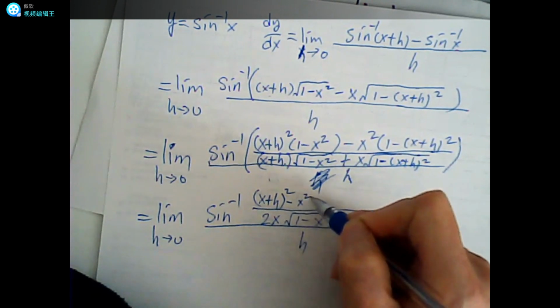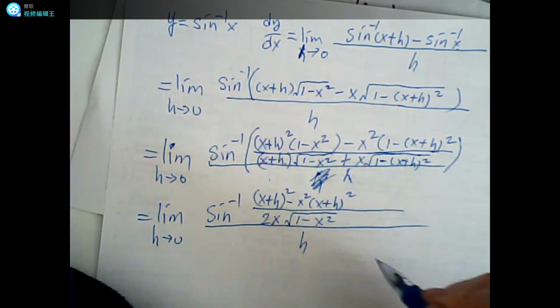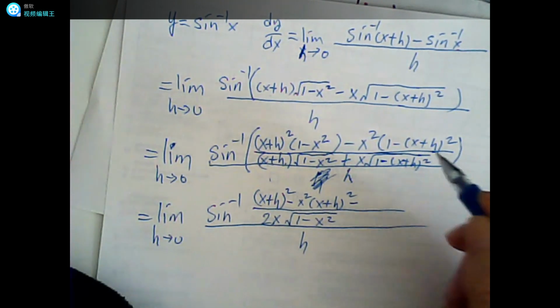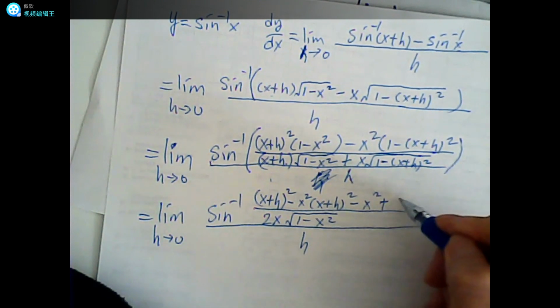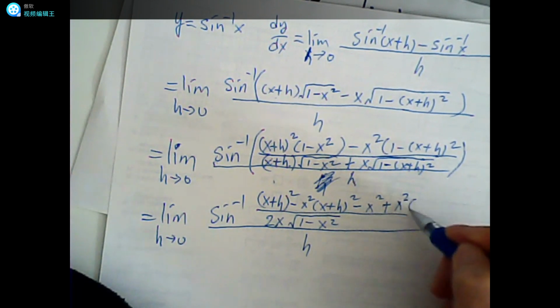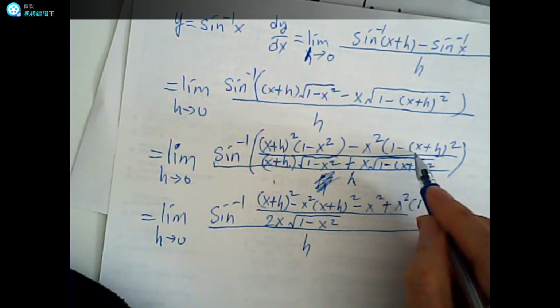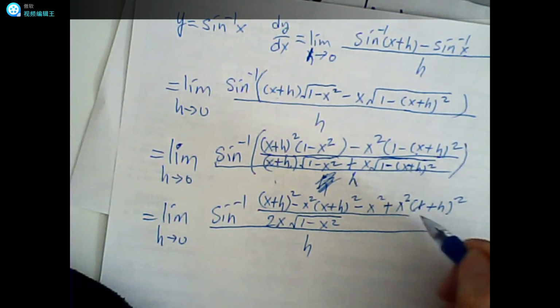Minus x square times (x plus h) square, minus x square plus x square times 1, and this one times this one is plus (x plus h) square.